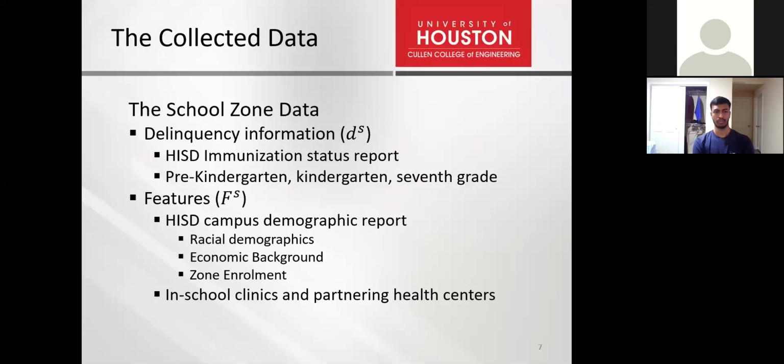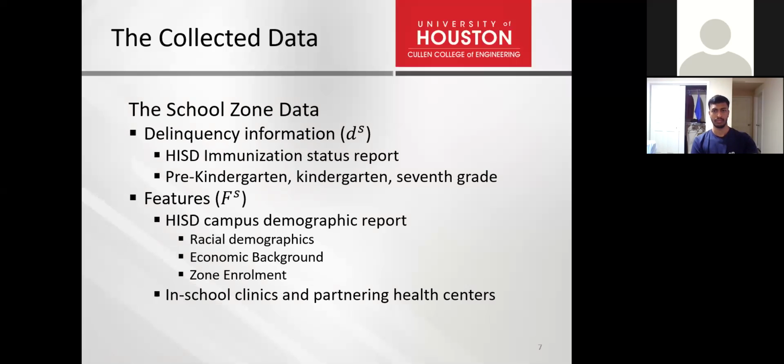So for the school zones, we do have the delinquency information, but we do not have the rich information on different features. In fact, for the school enrolled population, we only have the racial demographics, their economic background, as defined by the state, if they are below the poverty line or above the poverty line, and secondly, the zone enrollment. What zone enrollment means is that for a particular school district, the census tract zoned to that school, only students from that census tract can attend that school.